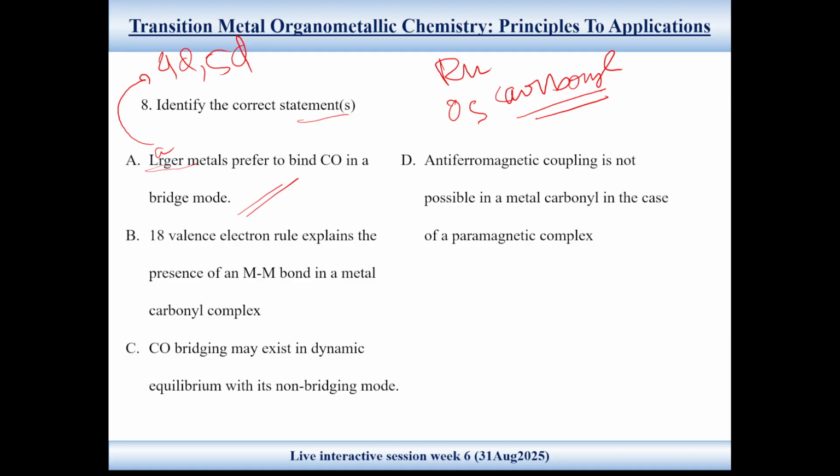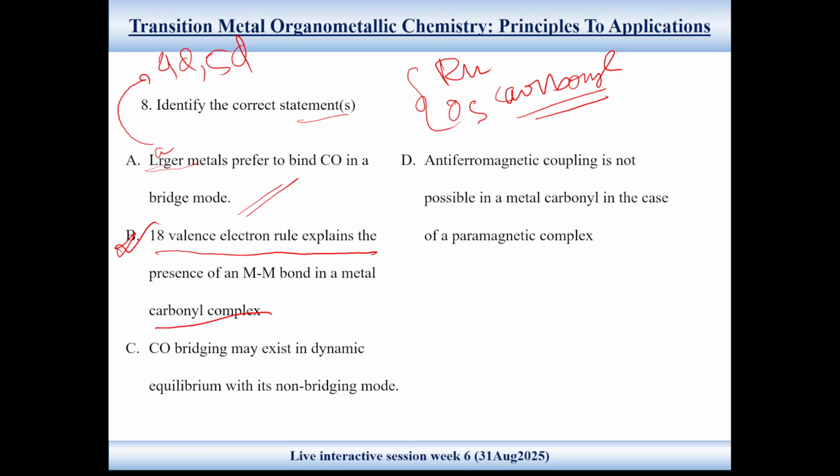That's why simultaneously with two metal centers, the larger metal center always prefers to bind carbonyl in the terminal fashion.